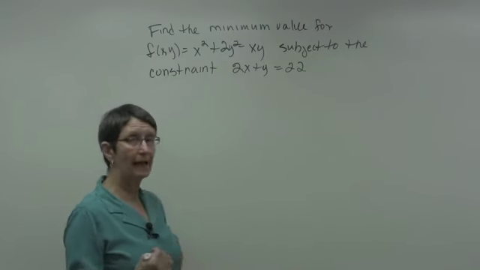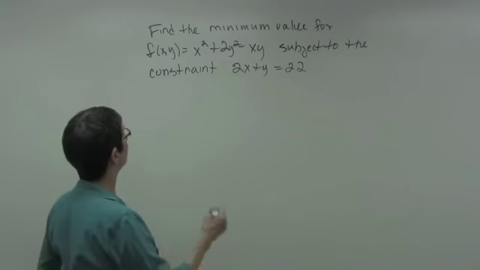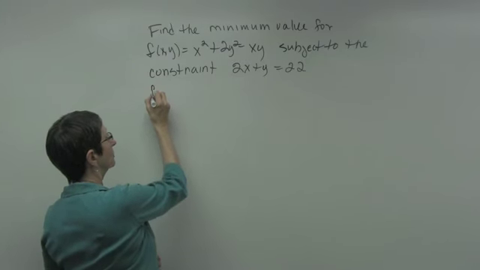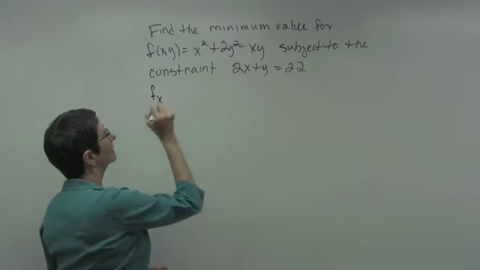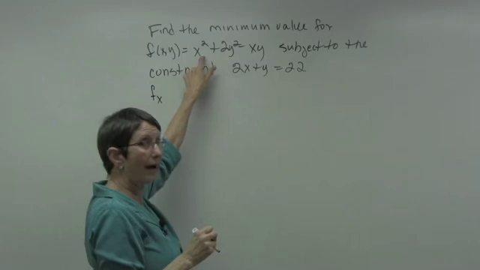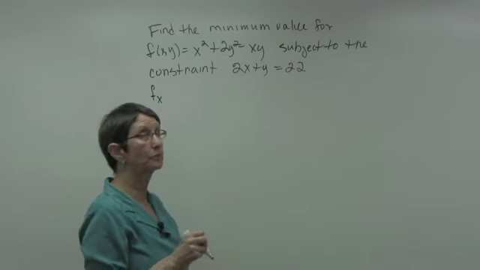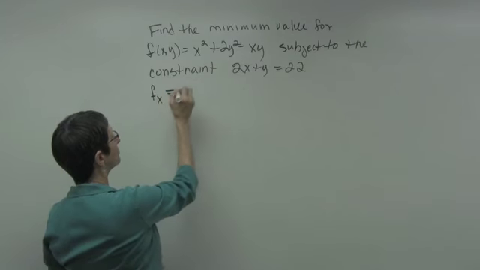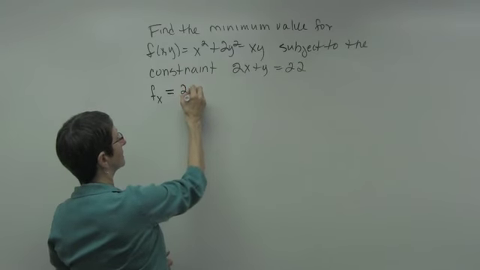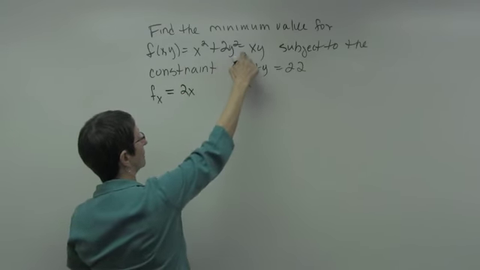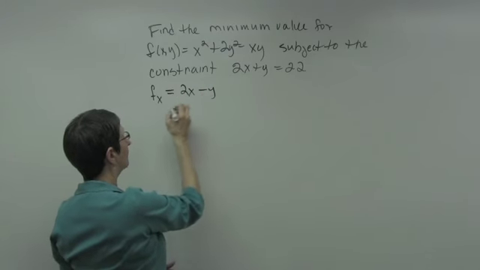The formulas that we have to work with for the Lagrange multiplier method say I need to find the partial of f with respect to x, partial of f with respect to y, and this function will form our constraint, and we need those partials. So my partial with respect to x is 2x, that's 0, minus y.